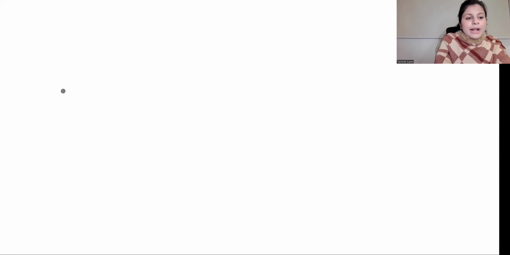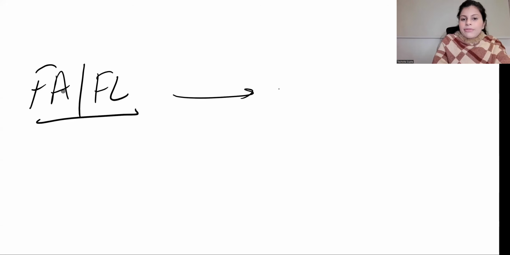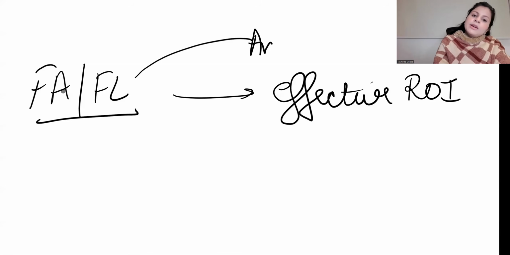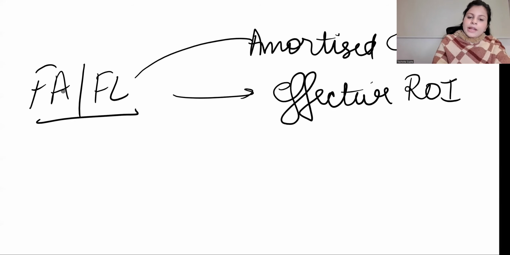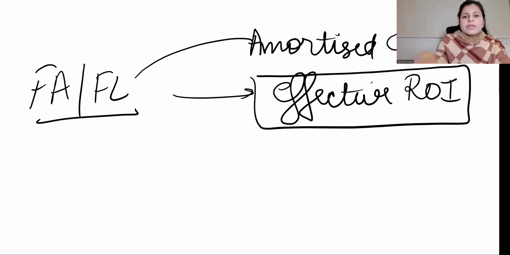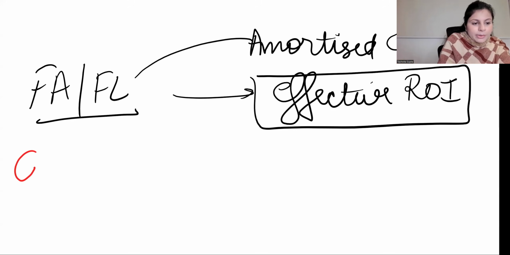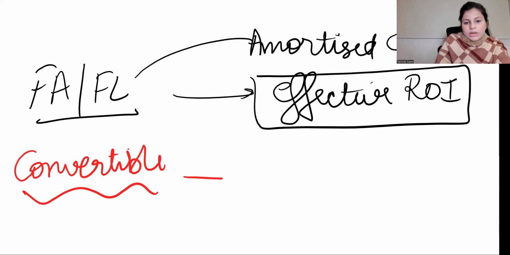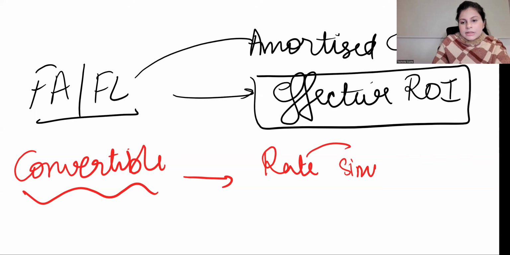Whenever we have any financial asset or financial liability, we use effective interest rate. Whenever we are following especially the amortized cost method, we use effective interest rate. If nothing is given, we use effective interest rate. But in convertible loan note, it's different. What do you use in convertible loan note? You use the rate of similar bonds without conversion option.